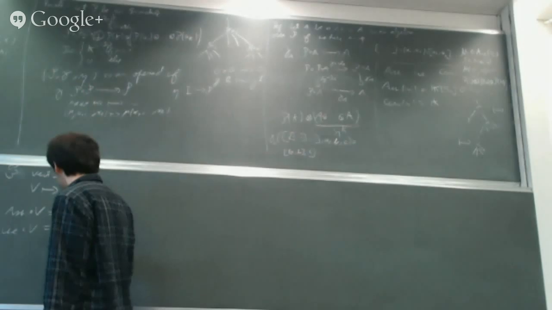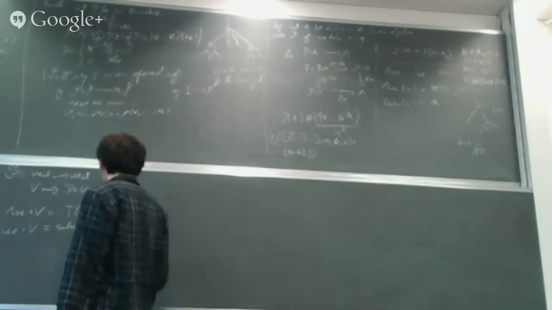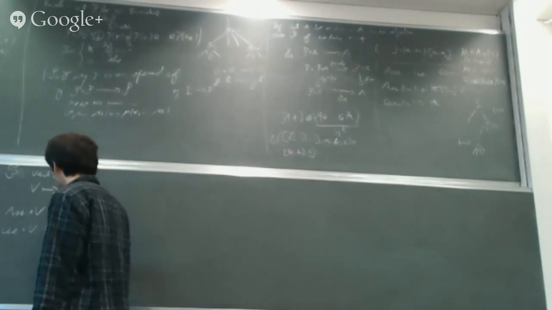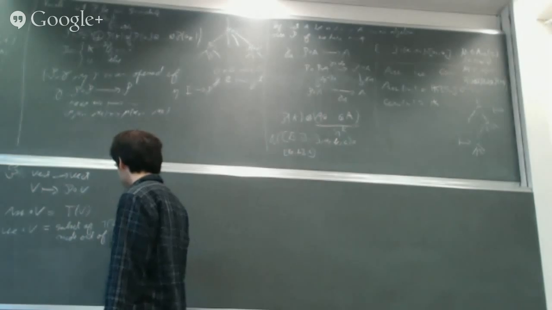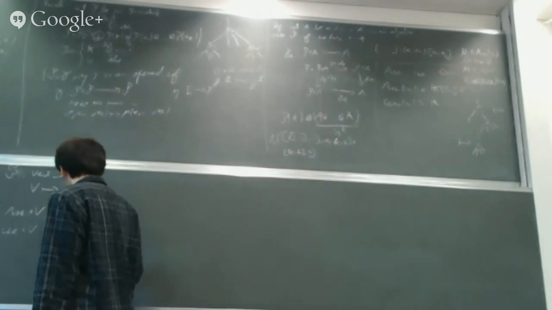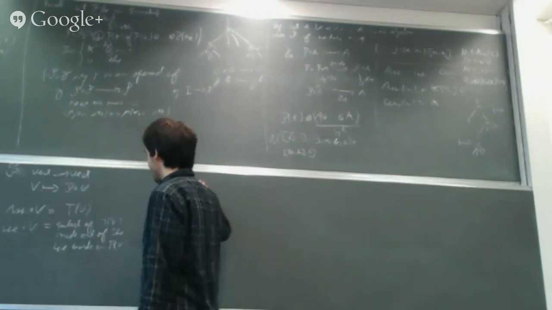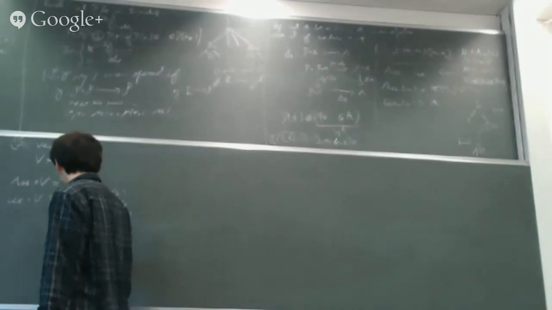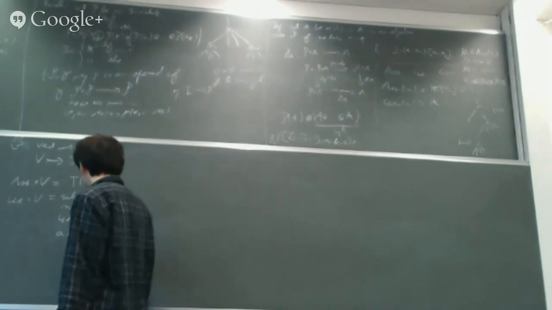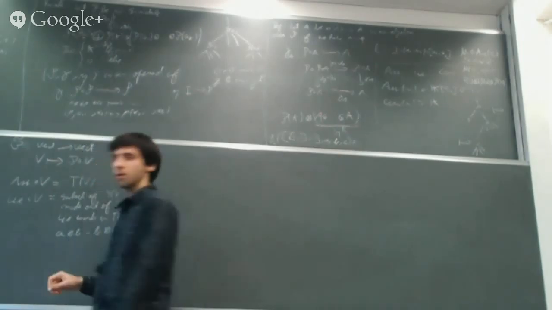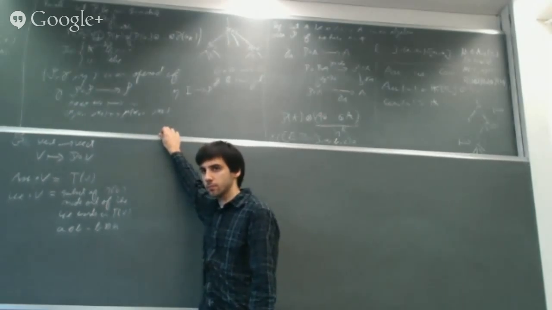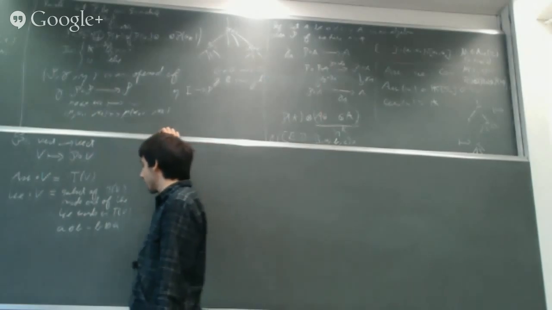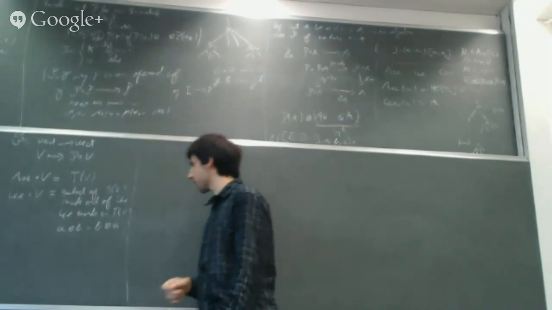The Lie operad on some vector space V would be the subset of TV made out of the Lie words in TV, the things generated by A tensor B minus B tensor A. So these are the free P-algebras. I think that's not very important for today.